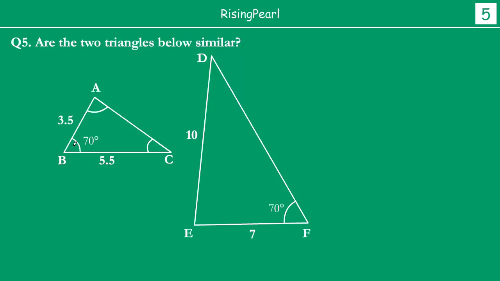In triangle ABC, we have been given AB, we have been given angle B, and we have been given the measure of BC, right?